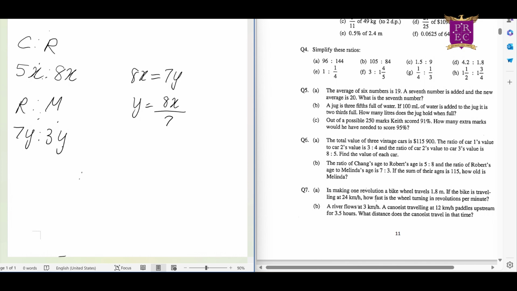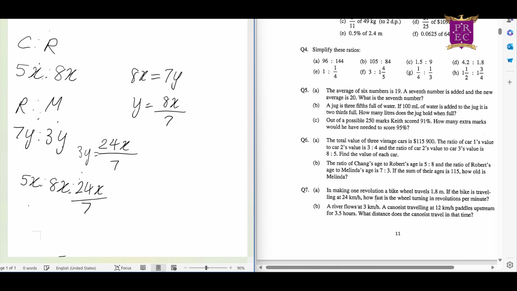Now we know that 3y is equal to 24x on 7, because we just multiply it by 3. And the ratios are 5x to 8x to 24x on 7.